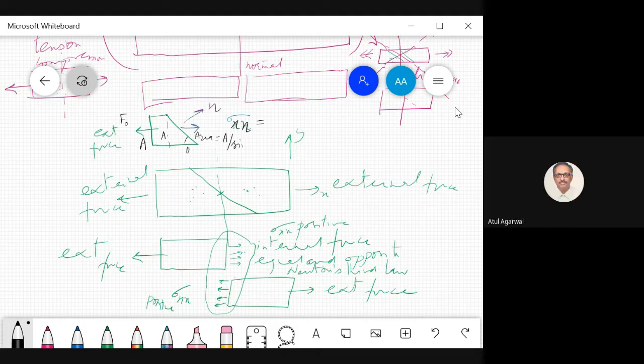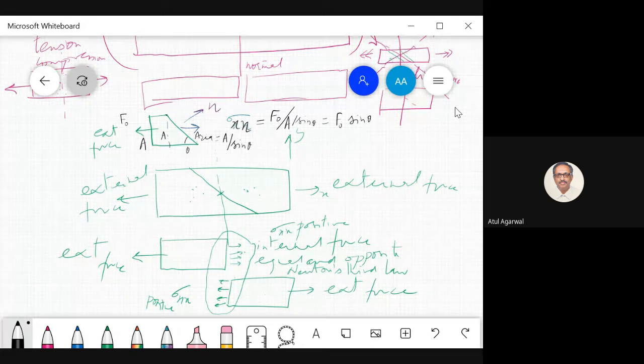A by sine theta. Okay. So what will be your sigma xn? F naught upon that area. So this is the stress on this face. Can you see this? You see this stress is lower in value because the same amount of force is distributed over a larger area.